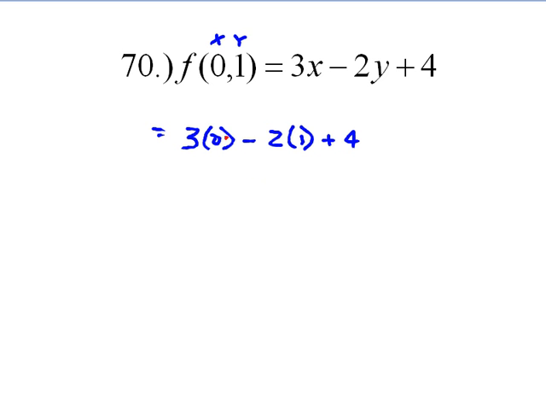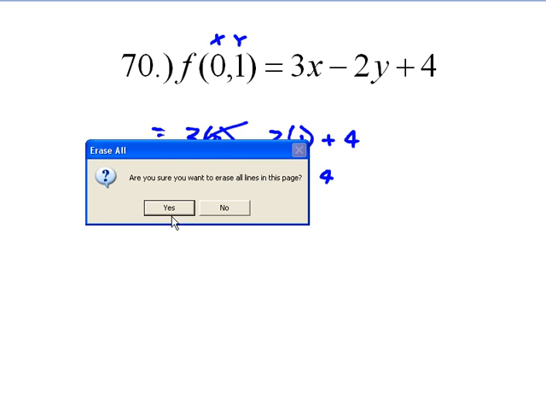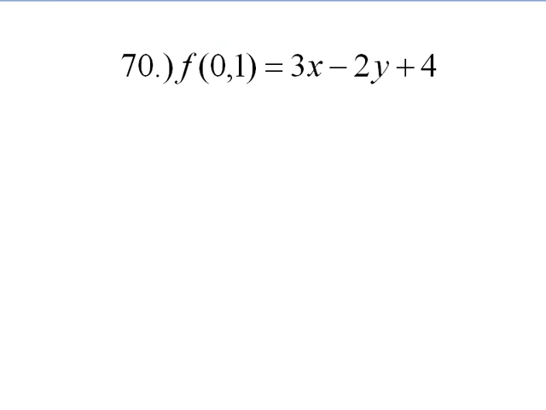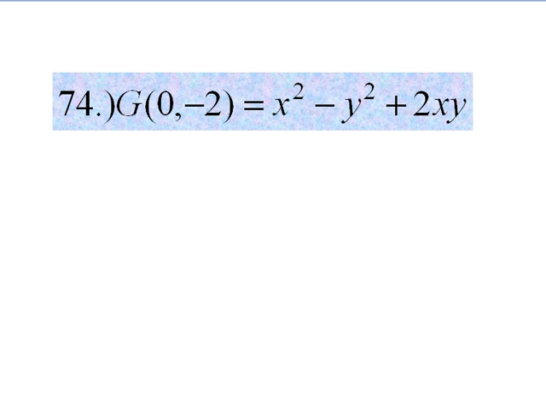So this drops out, so we have negative 2 plus 4 would give us 2. Alright, I'm going to give you one to try. Remember, the first value is x, and the second value in the ordered pair is negative 2.